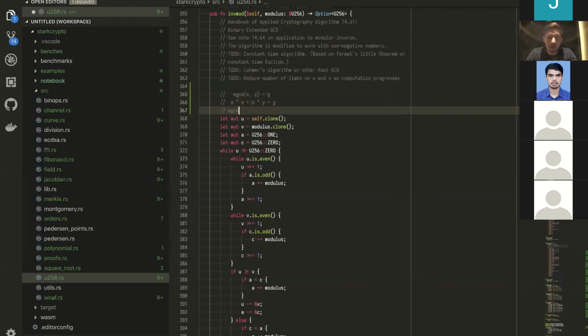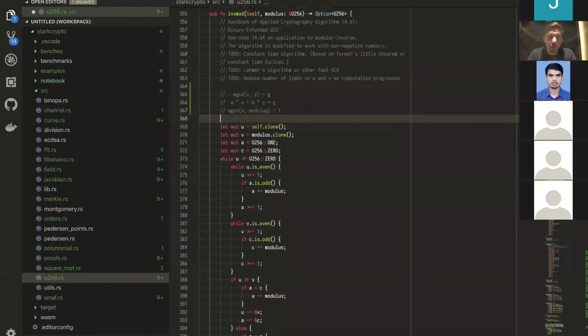And the way we use this for inversion is that, let's say we have our number n and we have our modulus. Since the modulus is prime and larger than n, the GCD will always be 1, and we will end up with a set of numbers such that a times n plus b times modulus is 1.